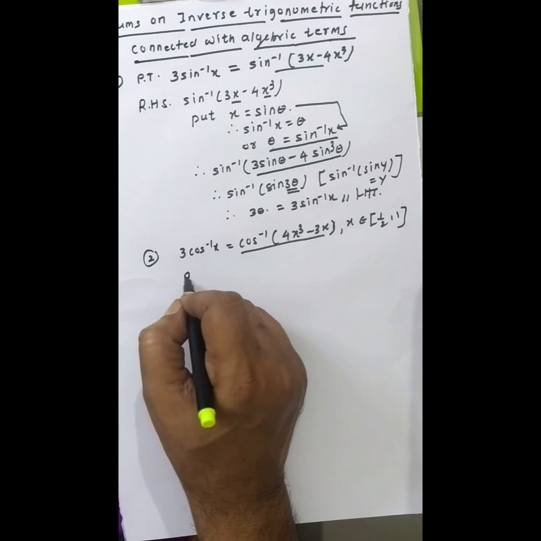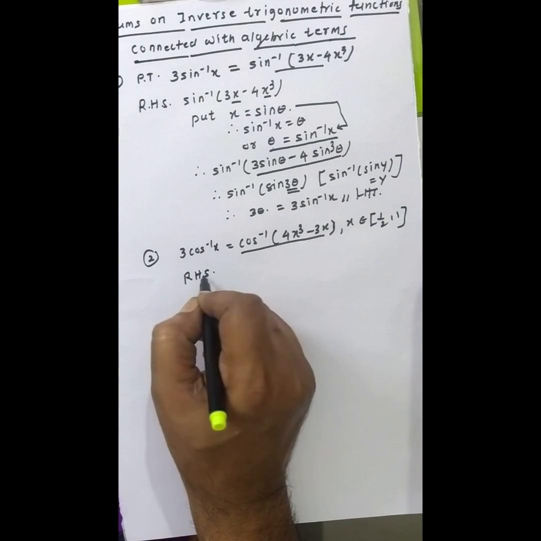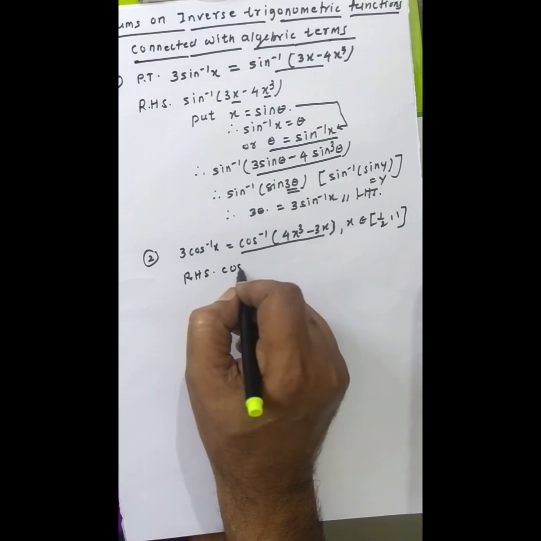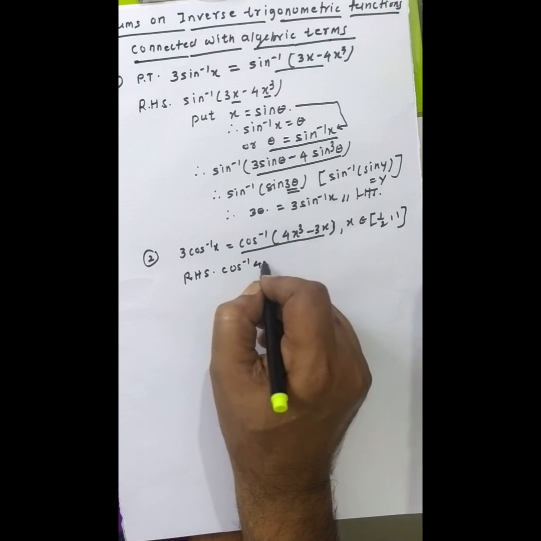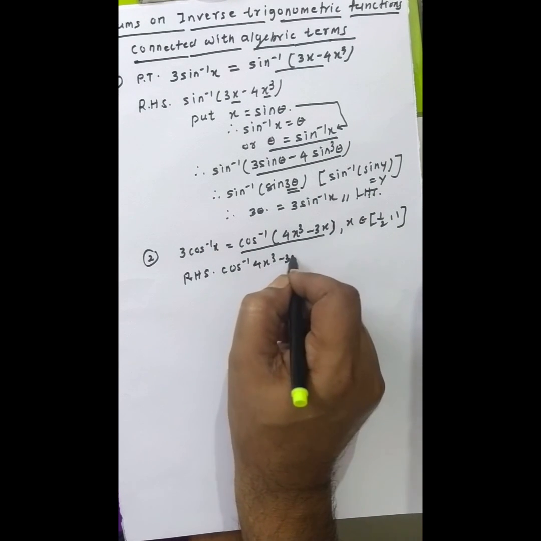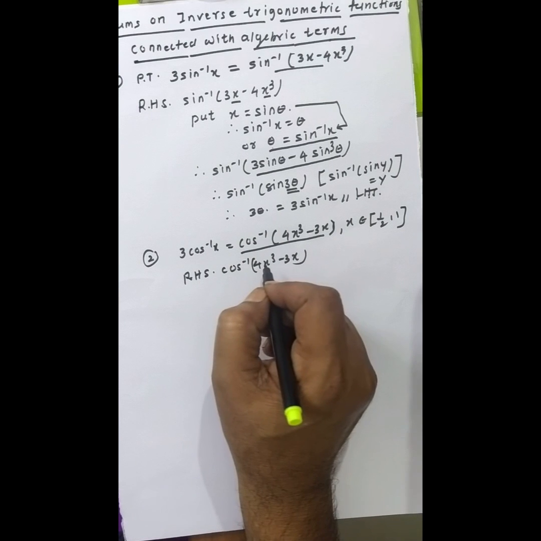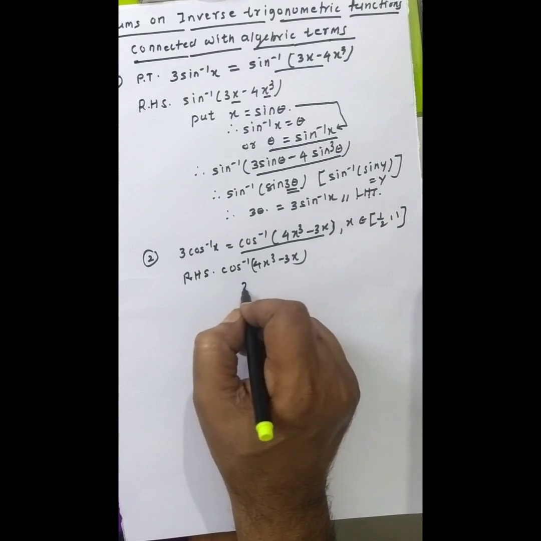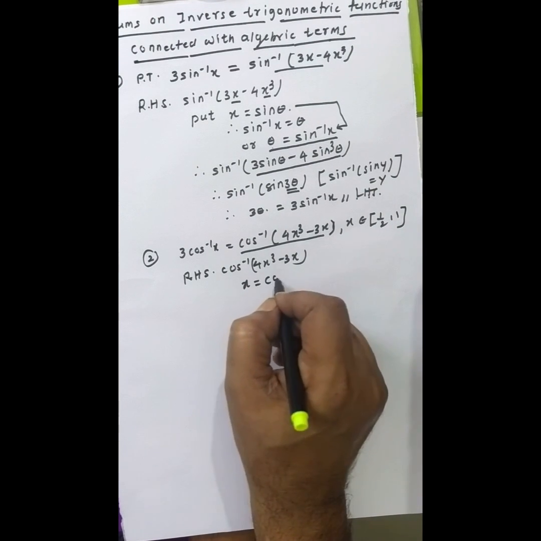So the right hand side is cos inverse of 4x cube minus 3x. So we can put here x is equal to cos theta.